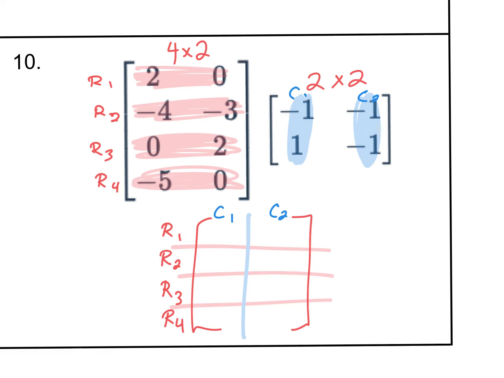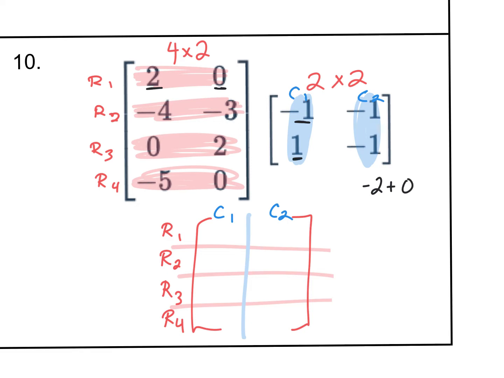Okay, so starting with that first element that we are finding, it's in row 1, column 1, right? So I go to row 1, I go to column 1, and I multiply first term times first term, so 2 times negative 1 is negative 2 plus second term times second term. What's 0 times 1? 0.